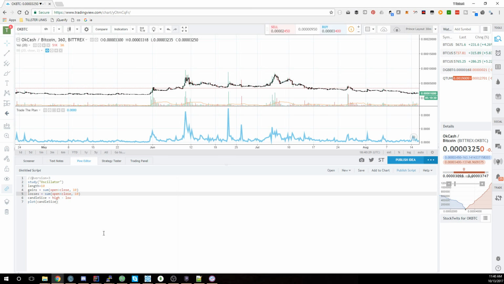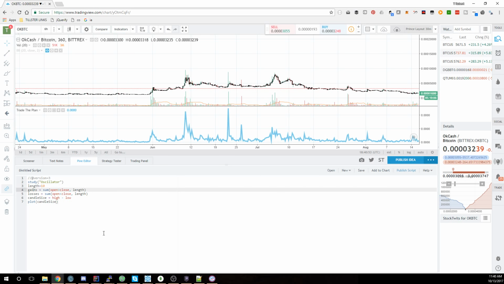10 bars back. Well, we don't want to keep repeating this magic number 10. If I want to change the length back, I don't want to change it in two different locations. I want to change it in one location. So I can substitute my variable length, which is equal to 10.